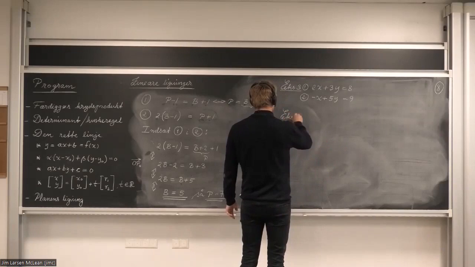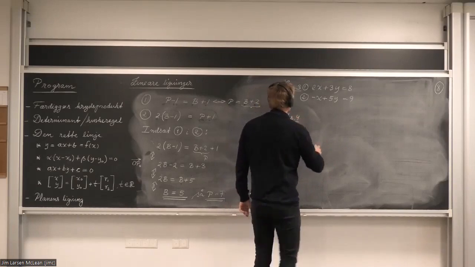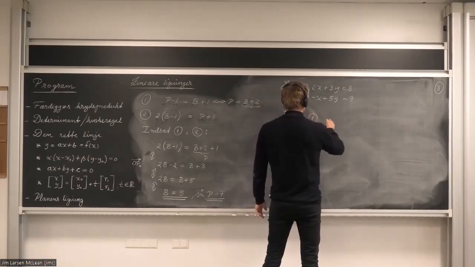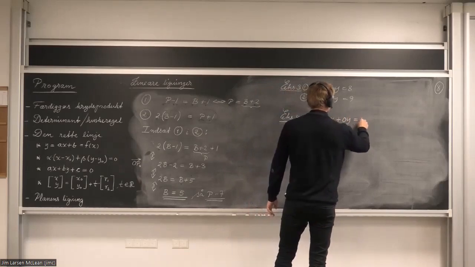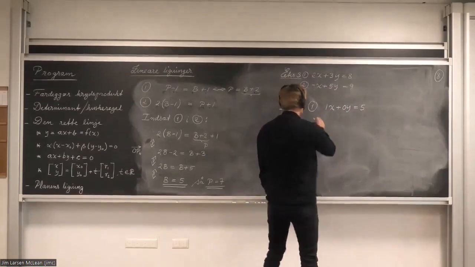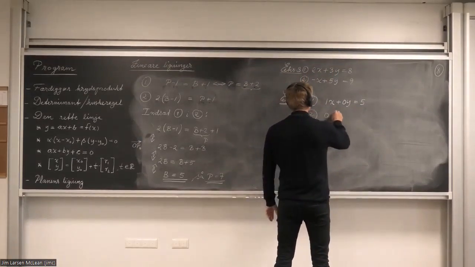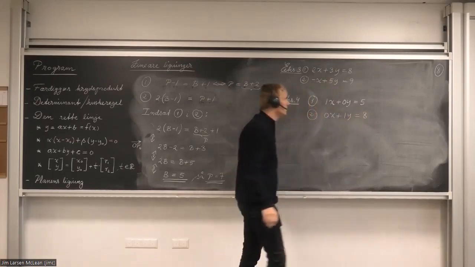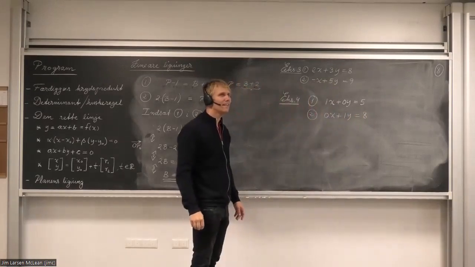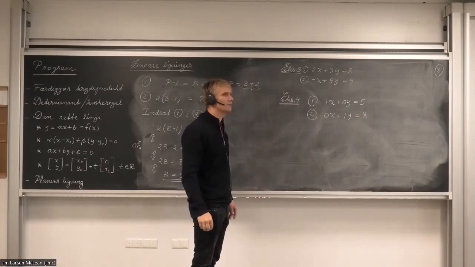Example 4. If it says something like this, 1x plus 0y equals 5, and in row 2, it says 0x plus 1y has to equal 8. Here there are 2 lines with 2 variables, but the answers are also written.